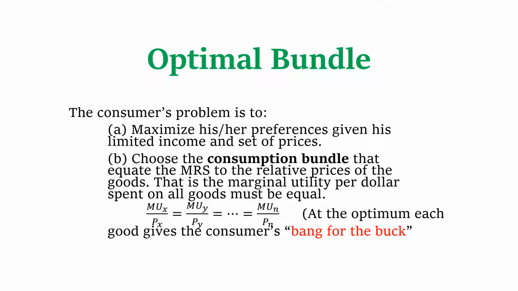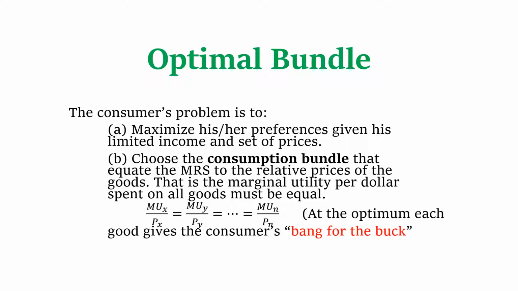The constraint, the budget constraint. Even though he wants to derive utility from the consumption of two goods, he is constrained by his income. There is some amount of money that he can only spend. He cannot spend beyond that. So that is the constraint here.